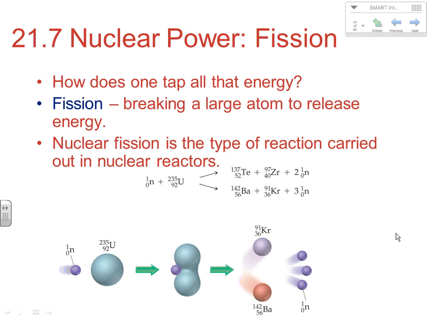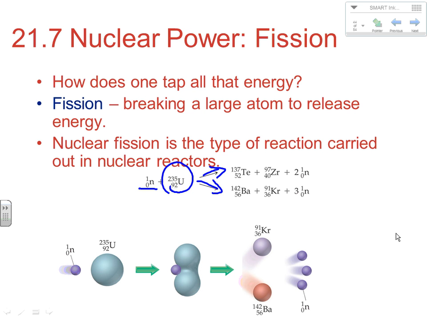So what happens at a nuclear power plant to generate energy? It's a fission reaction. And the secret to fission reactions is this is what starts it. A neutron comes in and hits our uranium-235, and it will cause the 235 to fission into these two possible reactions. So we actually have two side reactions that can happen here.